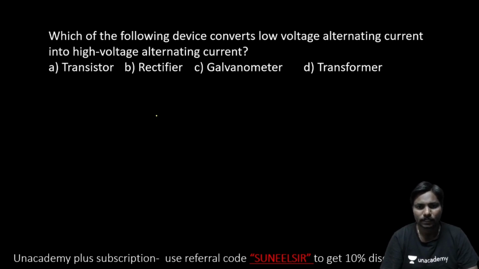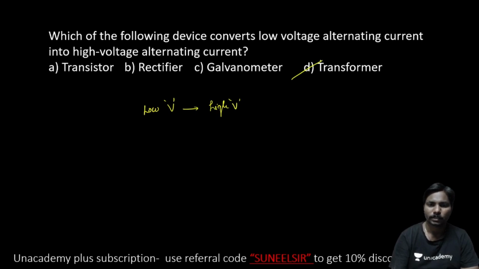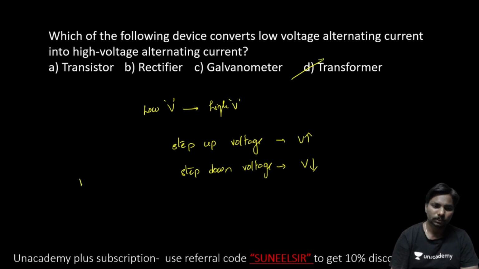Which of the following devices converts low voltage alternating current into high voltage alternating current? From low voltage to high voltage, that means voltage changing. That is nothing but a transformer. A transformer steps up the voltage, that means increases the voltage, and it can also step down the voltage, keeping the power constant.